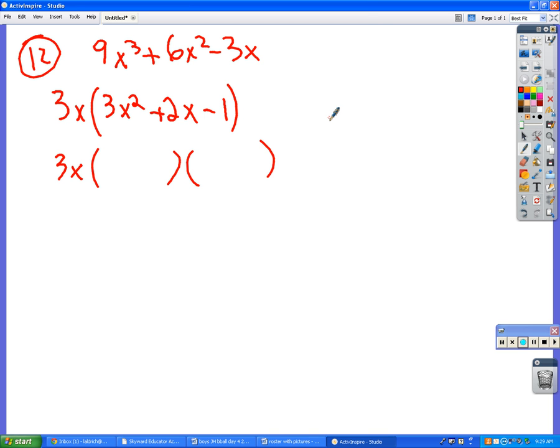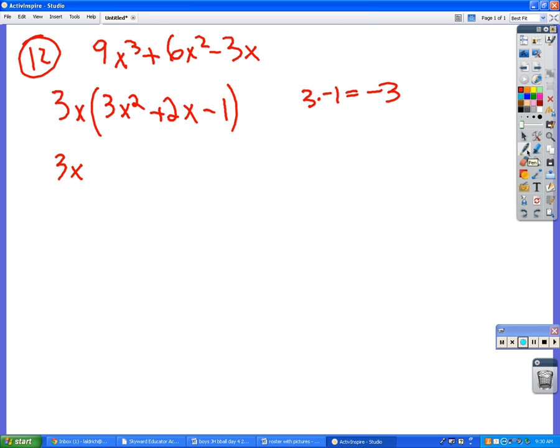So instead of looking for two numbers that multiply together to be -1 and add together to be 2, you're going to look for two numbers that multiply together to be -3 and add together to be 2. Because, where did I get the -3 from? 3 times -1.